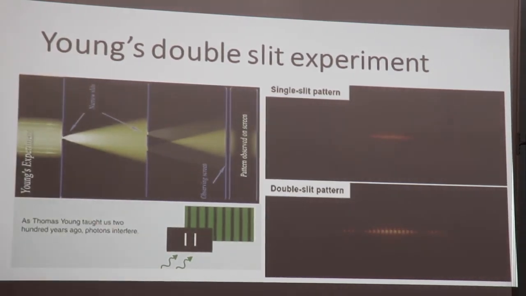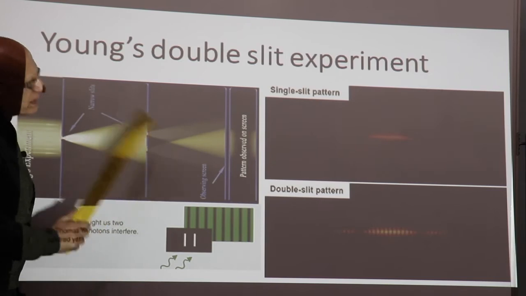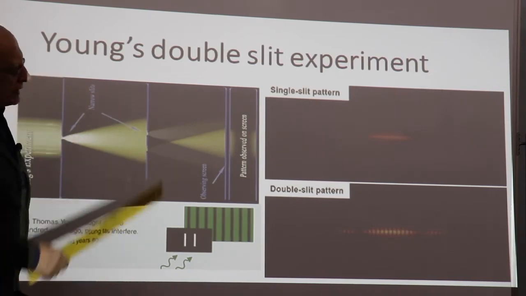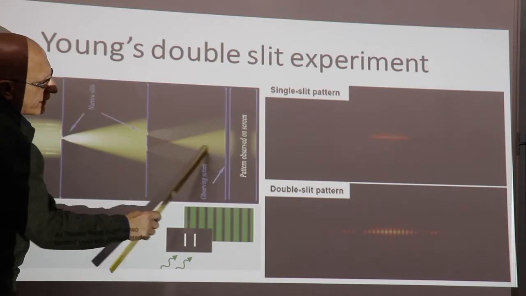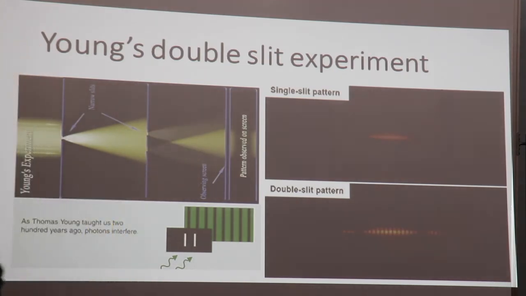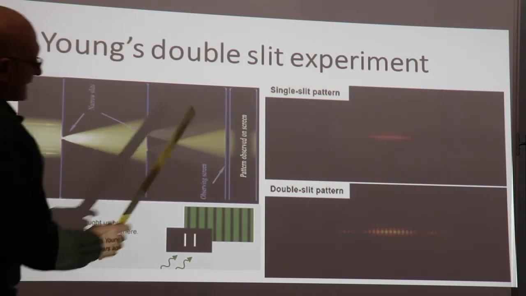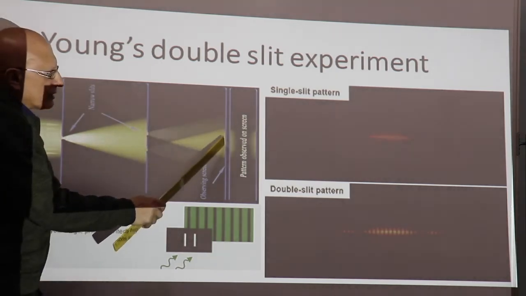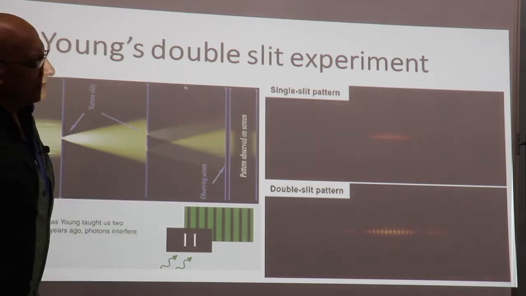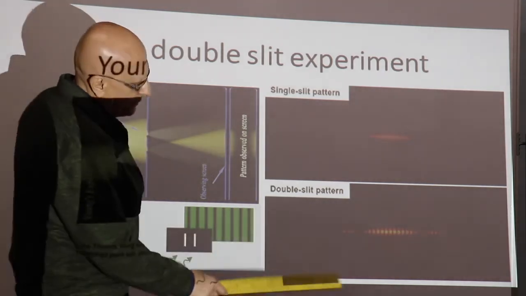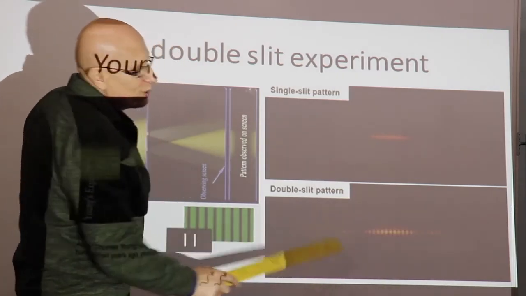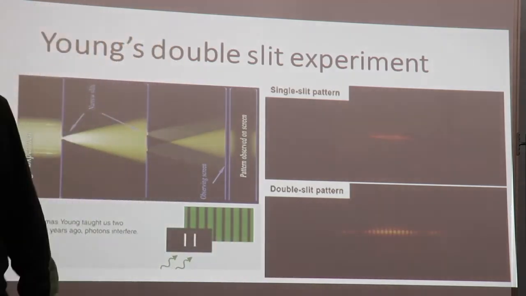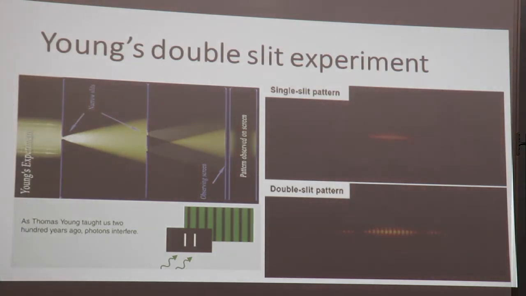As you see, these 2 beams superpose. There is a common region where the 2 beams superpose. In this common region, on the screen, he noticed a pattern which is called the interference pattern of light.